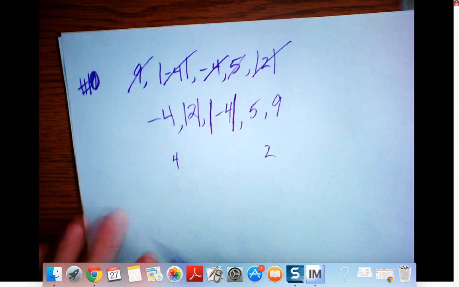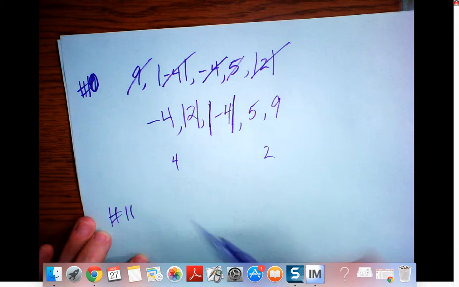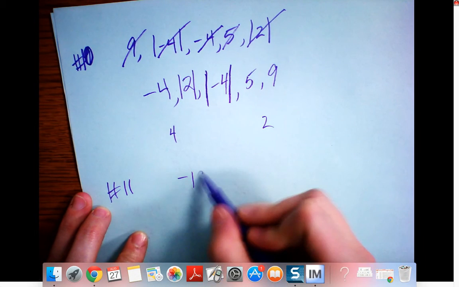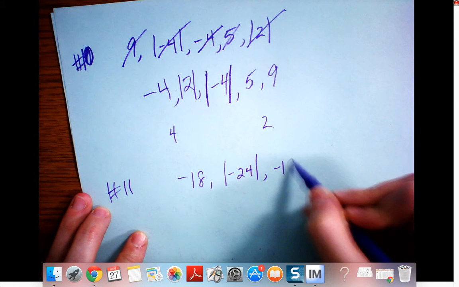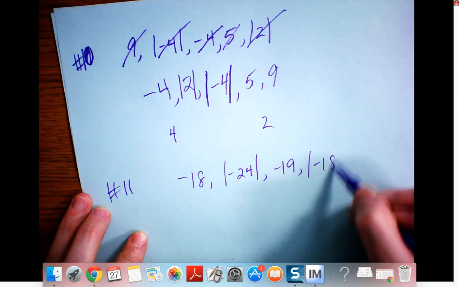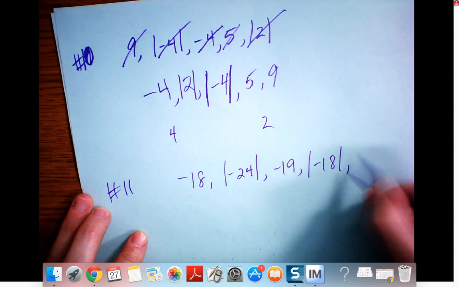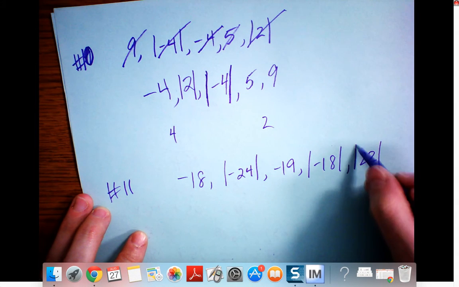All right. Number 11, we're doing the same thing. We have -18, the absolute value of -24, -19, the absolute value of -18, and the absolute value of 22.